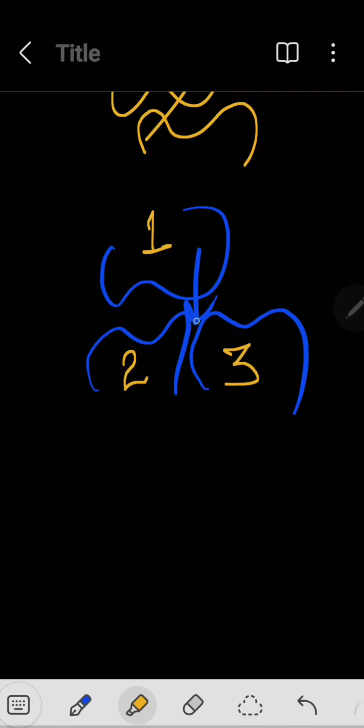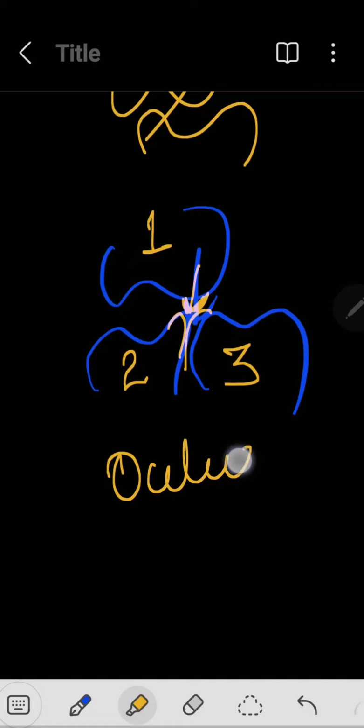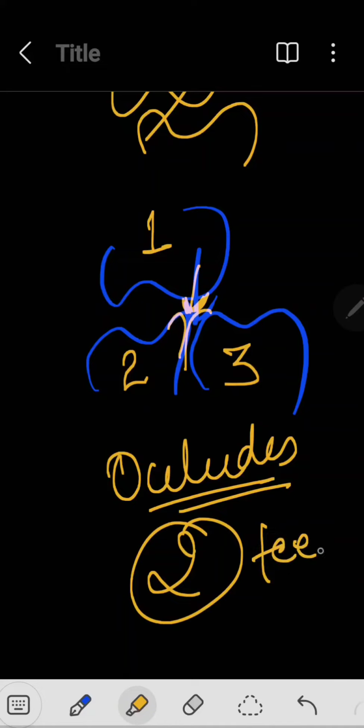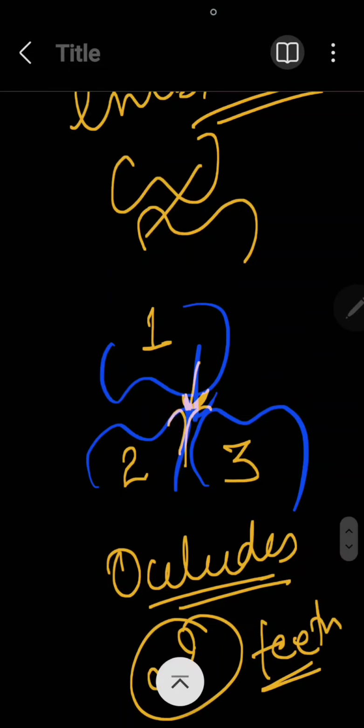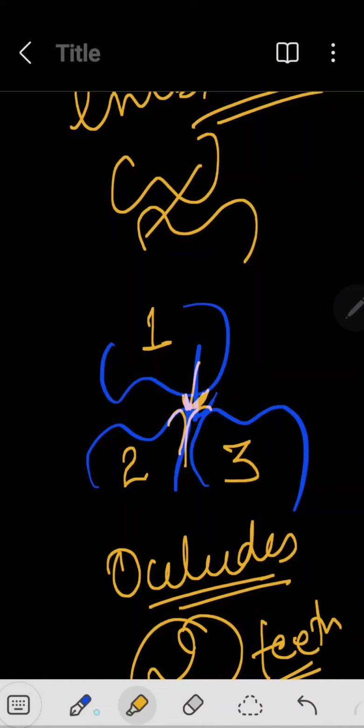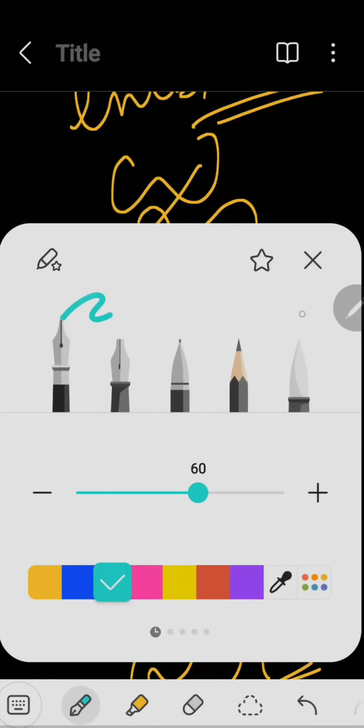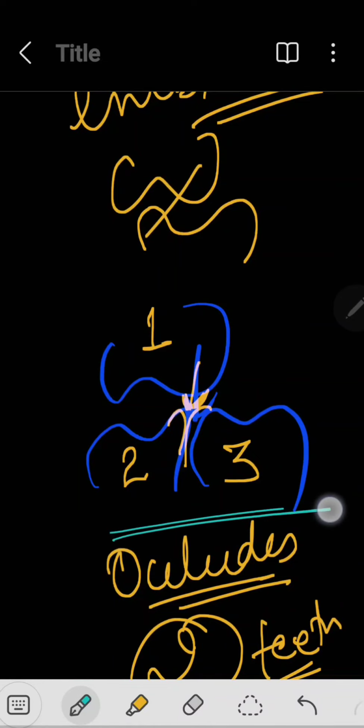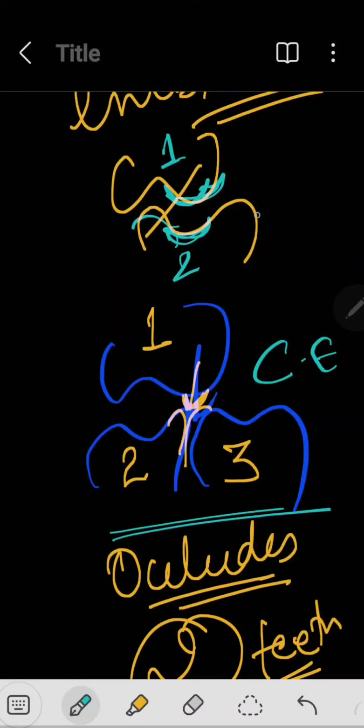This is the embrasure area between the two teeth, and the cusp of one tooth falls or occludes into the embrasure area, with two teeth involved. So whenever the contact is between two teeth, it is called cusp to embrasure relationship. When the contact of one tooth is with another single tooth, it is called cusp to cusp relationship.